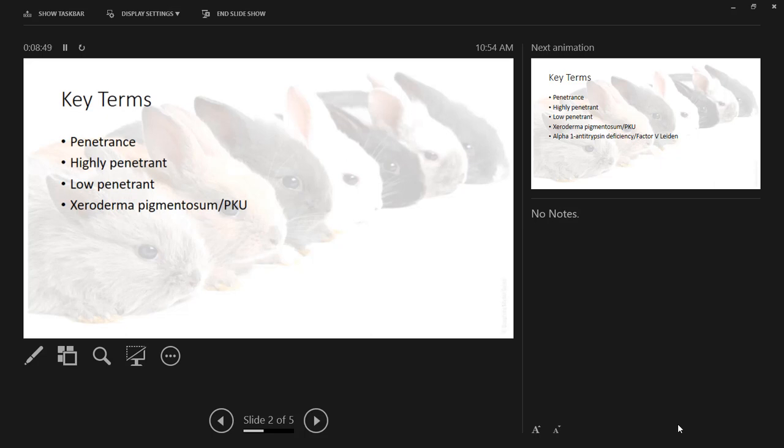The most common mutation involved is in the machinery that is used to fix DNA damage. So there's very little ability to fix any damage caused by UV radiation. As a result, the development of skin cancers and other issues associated with DNA damage in your skin are going to become very, very common.